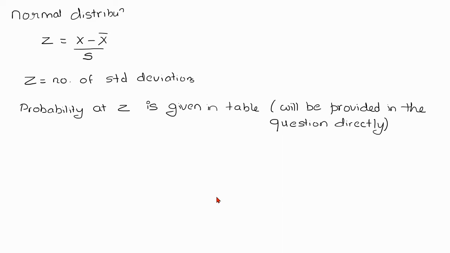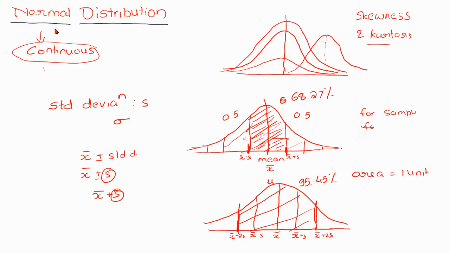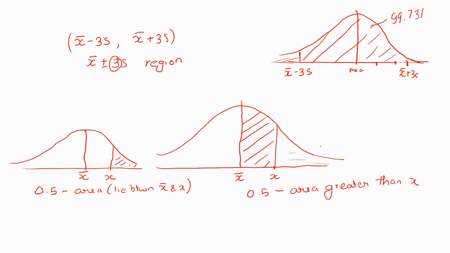Before that, we'll just see this normal distribution formula. It is given by z is equal to x minus x bar upon s. Now what is this z? This z is, as I said, the number of standard deviations. How many standard deviations did I say this curve is divided into? 3.